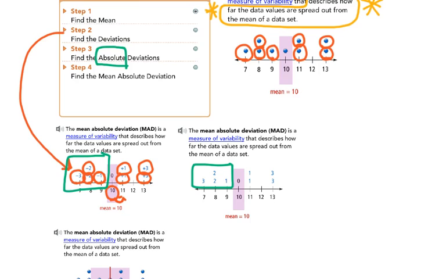So step 4 is to find the mean or average of all of these deviations. So to find the average of the deviations, we add them all up and divide by however many there were.